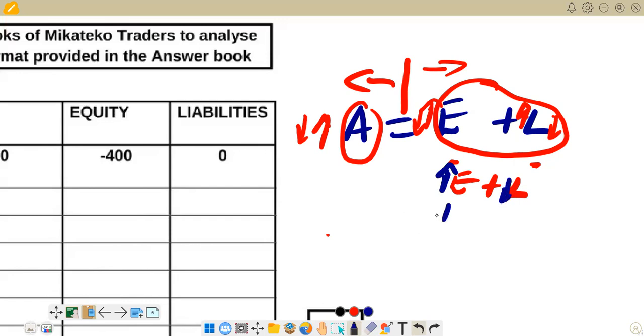So if here is a plus, we see a minus there. So that's the scenario that we have. And when you see a plus for liabilities, it means here you are going to see a minus. So that this total of this side will come back to the same position and to be equal to the total for assets. So that's the issue that we have there in terms of this accounting equation.